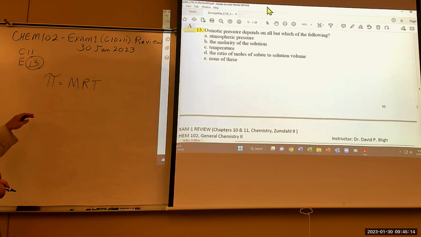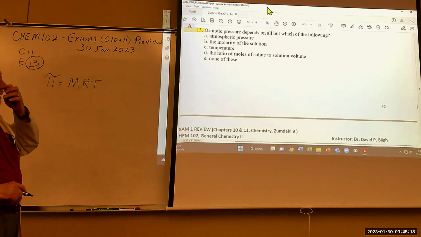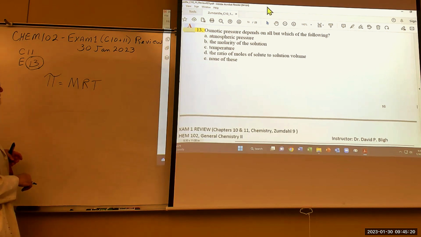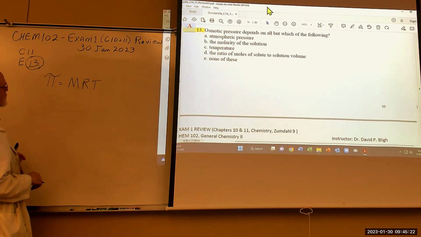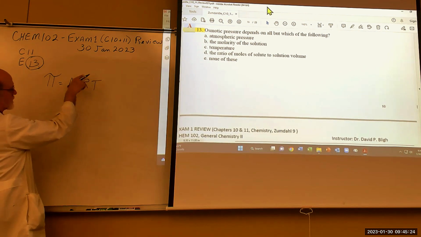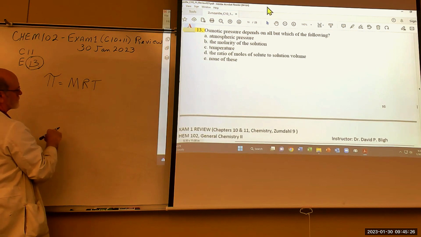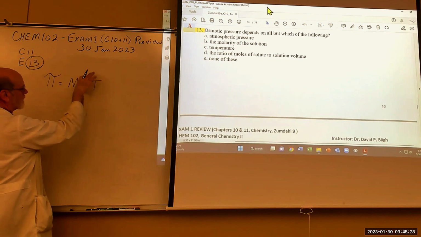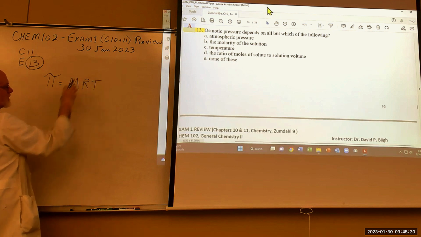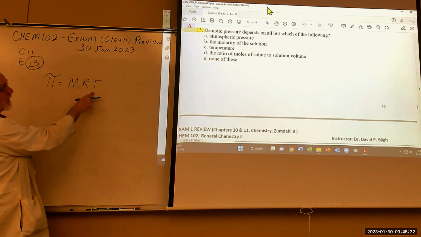So, what are the factors that are involved here? Atmospheric pressure. I don't see a pressure term in there. Well, this one, of course, has a pressure term in it, but that's not a variable, that's a constant. Temperature varies.